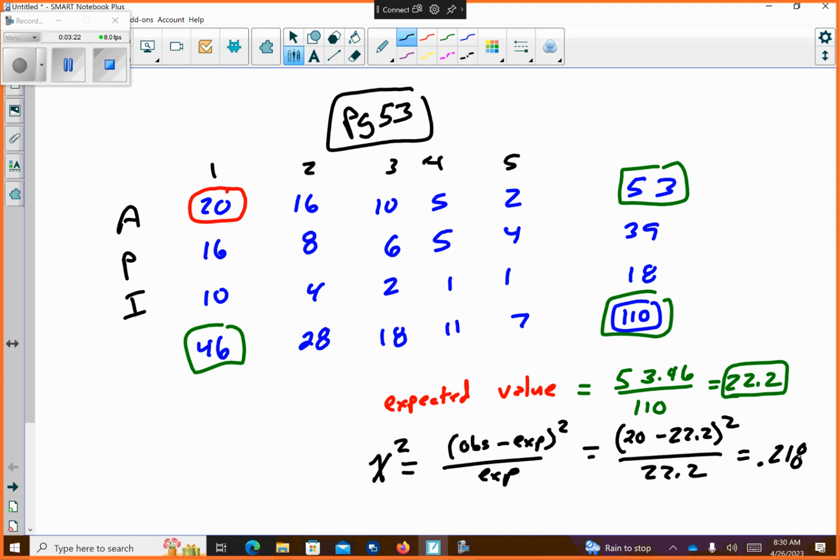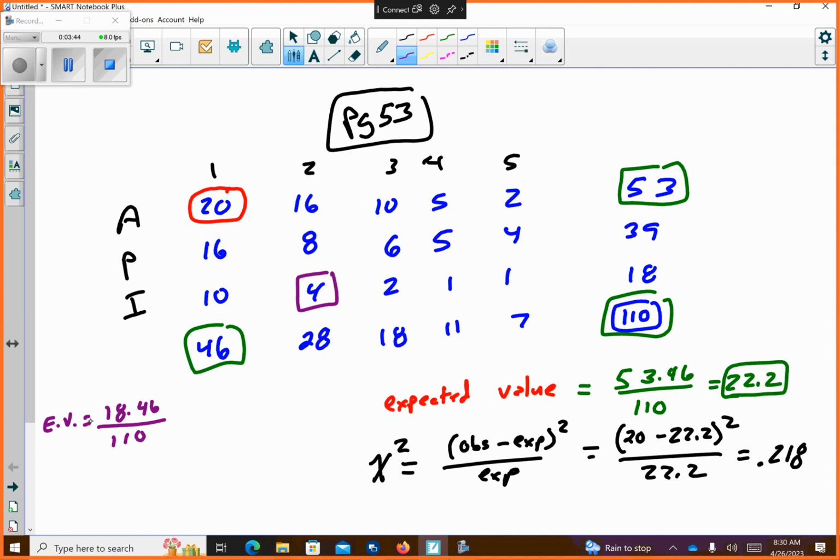Okay, so if I wanted to find other values, let's take a different color. Let's say I wanted to figure out this one right here. So that purple is now going to be 18 times 46 divided by the 110. So this is how I find my expected value.